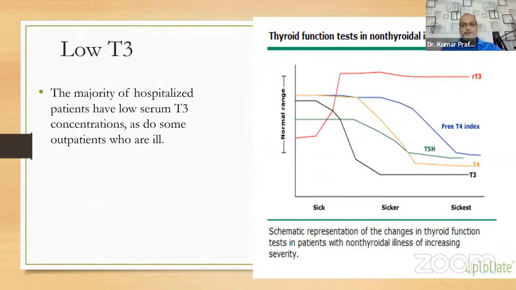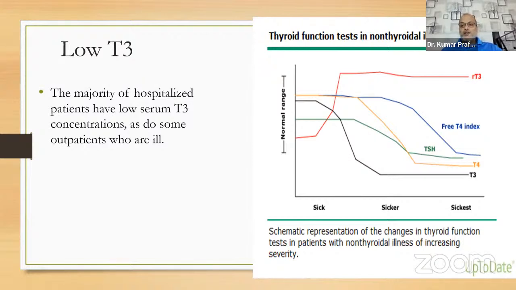Why does this happen? There is a concept which says that the majority of hospitalized patients have low T3 concentration, as do some outpatients who have illness. This usually occurs because of increased conversion into reverse T3.